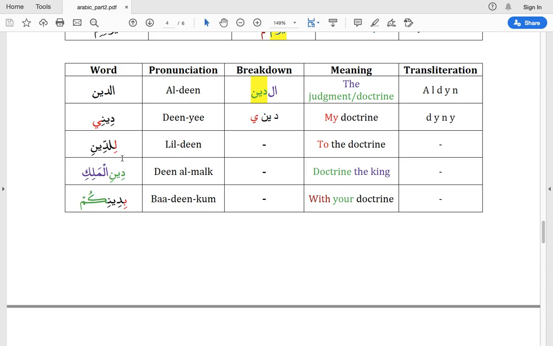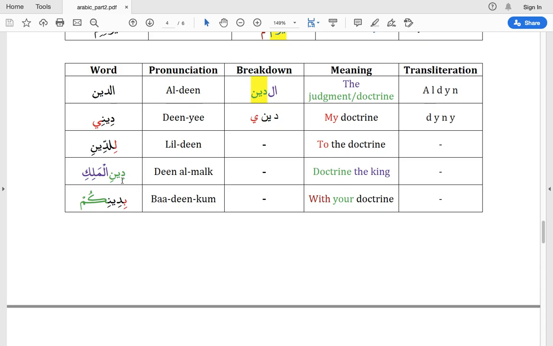And that's the same process here. We took the alif out, we put a lam at the beginning, and the alif lam retained the meaning "the", and then the lam at the beginning became "to", so to the doctrine or to the judgment or to the religion, whatever you want to go with.